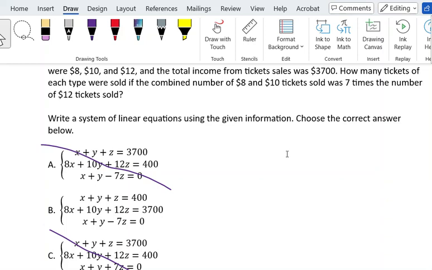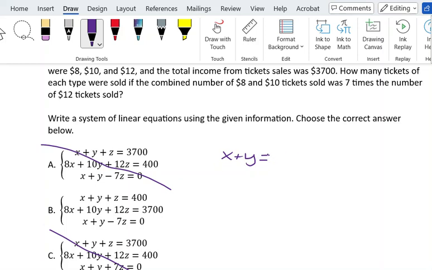So what that would look like in an equation, switch to my drawing tablet here, is that if I take $8 tickets and $10 tickets, add the numbers together, combined number of tickets, x plus y, was this 7 times the number of $12 tickets.